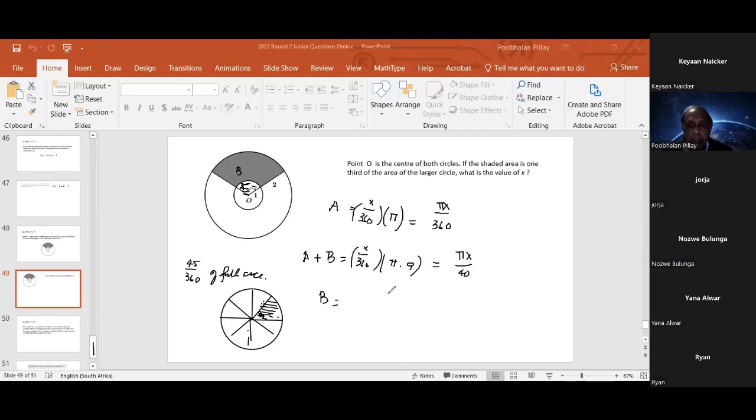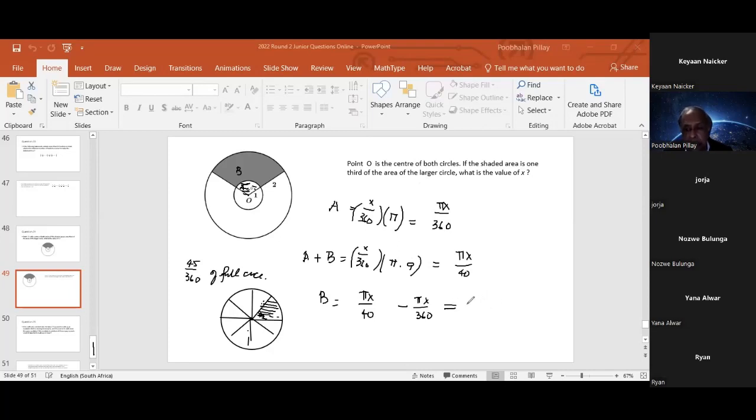A plus B. When you add B and A together, you get this. So all you have to do is to take B away from A plus B, and that will give you the area of B. But we know that the area of B, the shaded area, is 1/3 the area of the larger circle. So there's your equation.